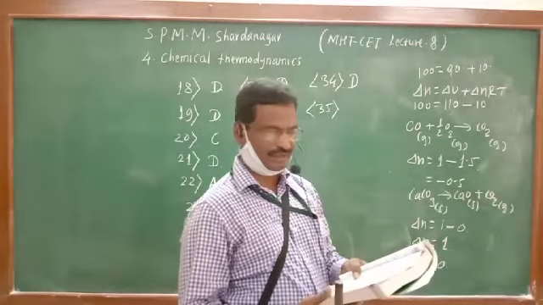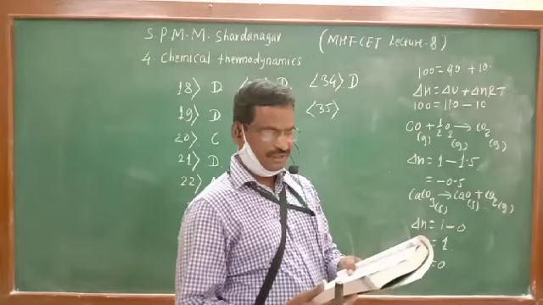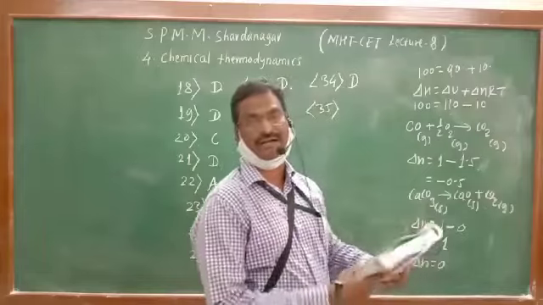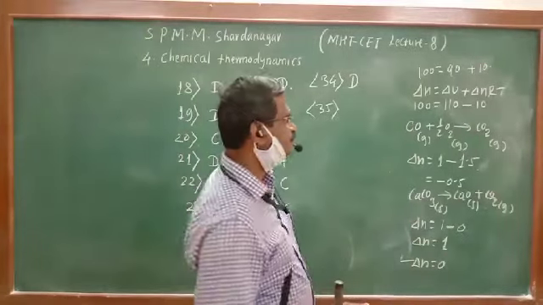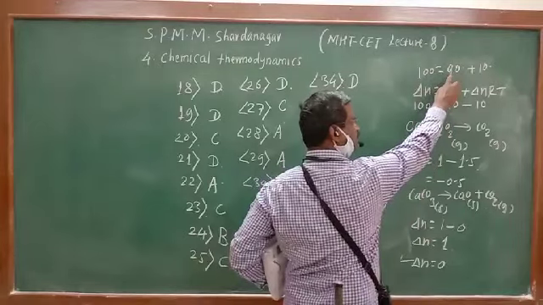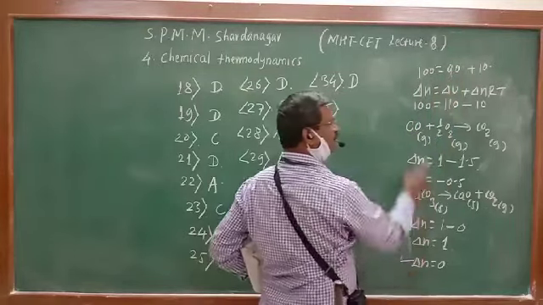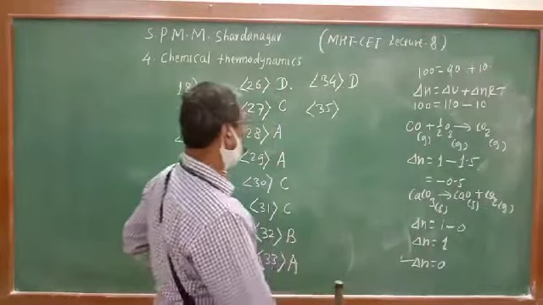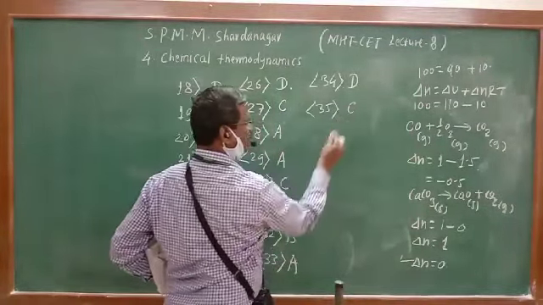No. Sometimes it is greater also. Option C, delta U may be less, greater or equal to delta H. That is right. Here delta U is greater, here it is less, and whenever this is 0, at that time delta U and delta H are equal also. So option C is correct.